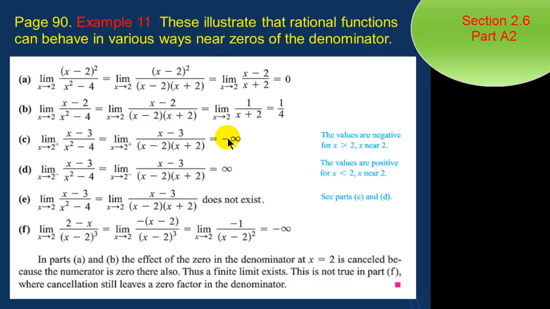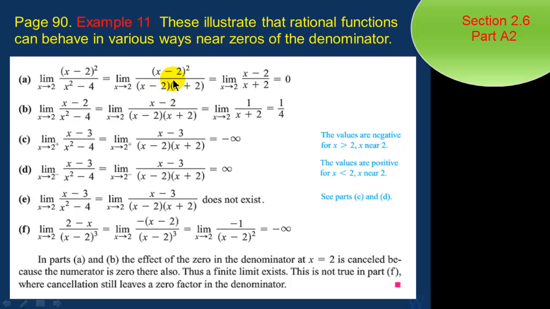On page 90, in example 11, we have these several rational functions which illustrate that they can behave in different ways near zeros of the denominator. If we want to evaluate the limit as x approaches 2, we try to factor this, and we see that I can factor the bottom by the difference of squares, so it'll be (x - 2)(x + 2).